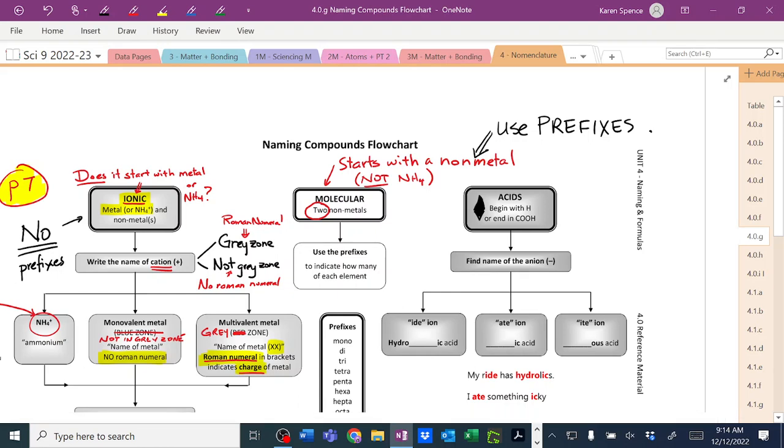I can't remember. So if you're naming compounds, that would be on the first page of the review. So you can practice naming compounds there.